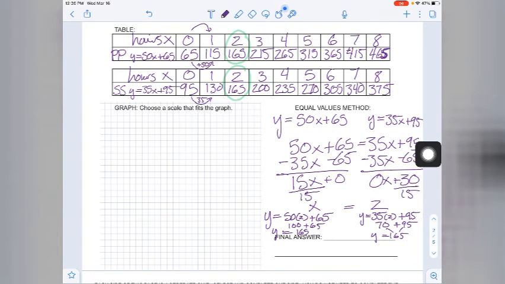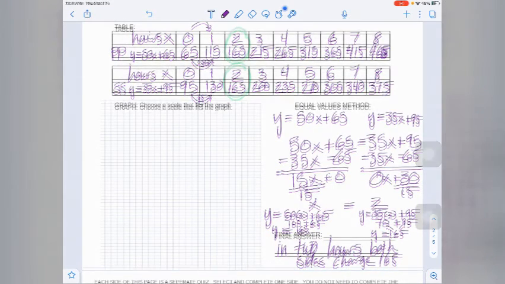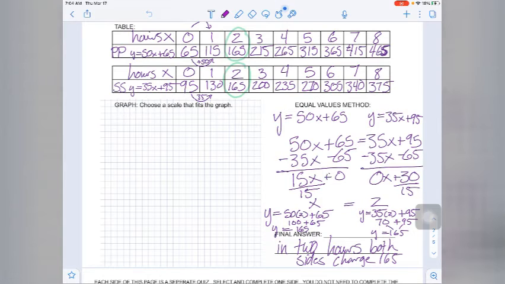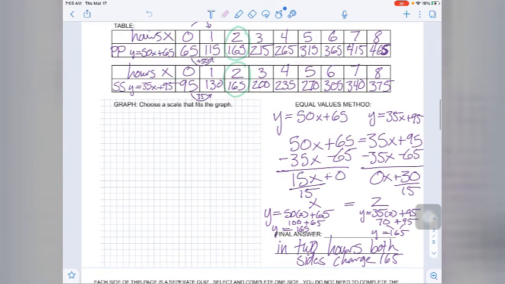So I know for sure my final answer is going to be: in 2 hours, both sides charge 165.